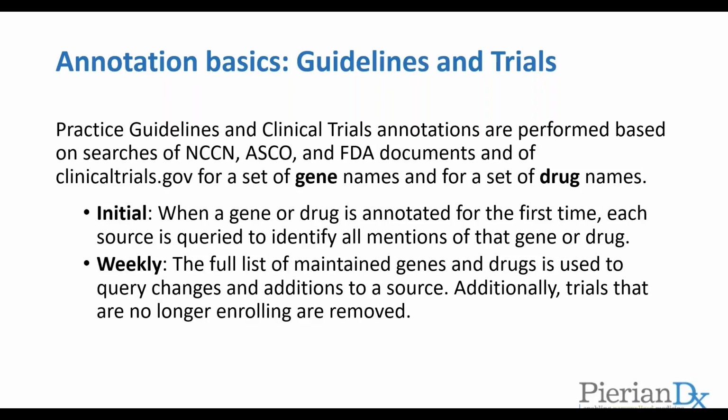So we annotate now something on the order of 500 plus genes in oncology trials and in treatment guidelines, or rather practice guidelines, based on the genes that CGW users are reporting on their reports.